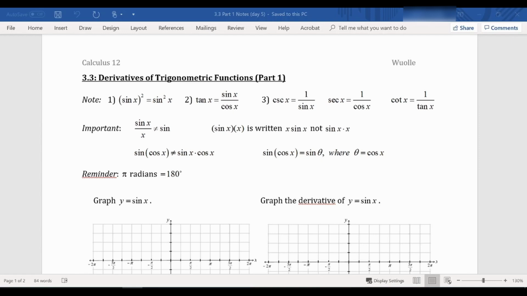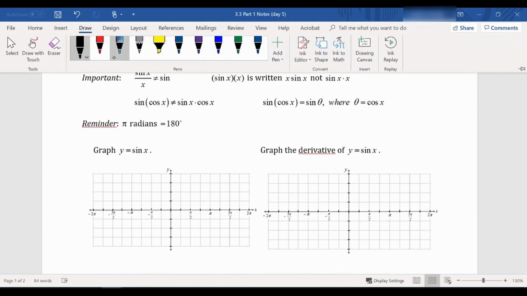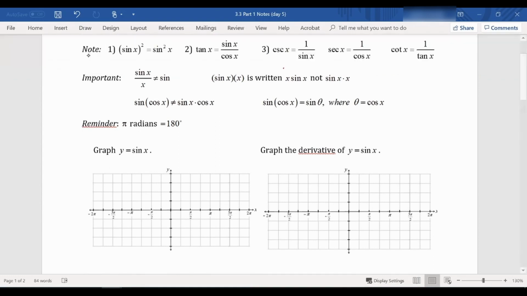So just a reminder, our graph of sine x has a maximum of 1 and a minimum of -1. And it starts at the origin. It increases and has a maximum at pi over 2. It goes back down to the x-axis when our angle is pi.